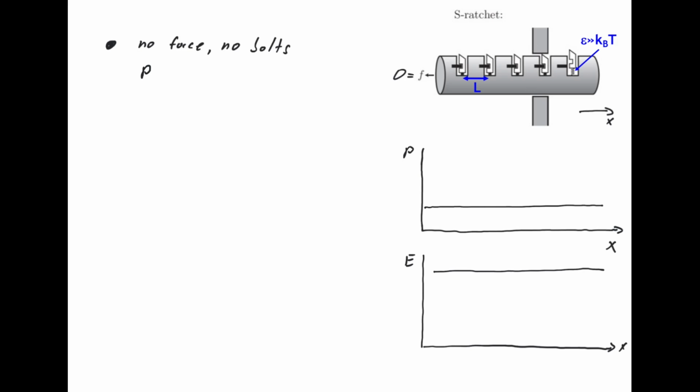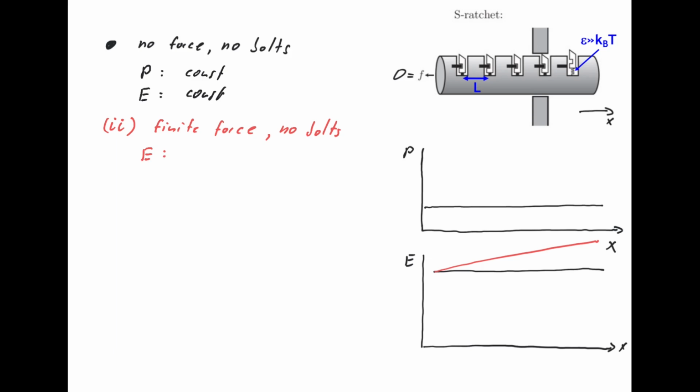And because there's no force, this is also flat. Now in the next step, let's add a finite force, yet forget about the bolts. Then the energy landscape will just linearly change with the movement of the motor. That's just the work done by the motor. So E is equal to F times x.